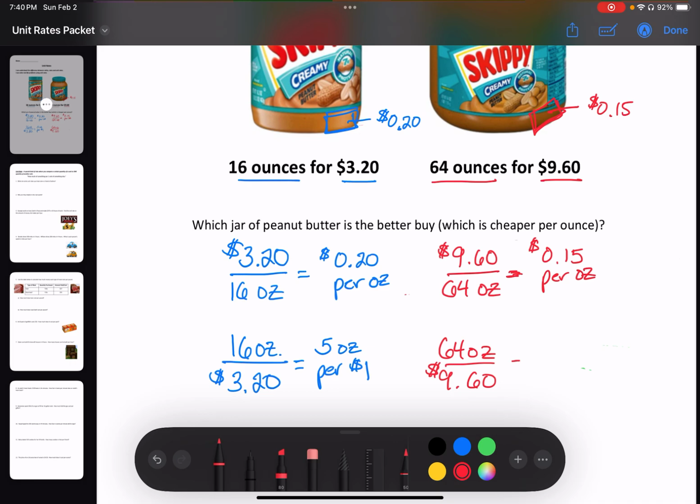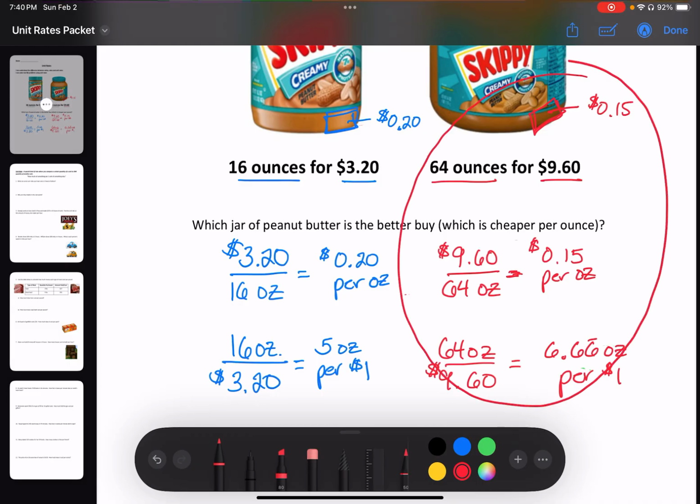But for the large jar, if we were going by that, we would be able to buy 6.66 repeating ounces per $1, which again confirms that the large peanut butter jar is going to be a better buy.